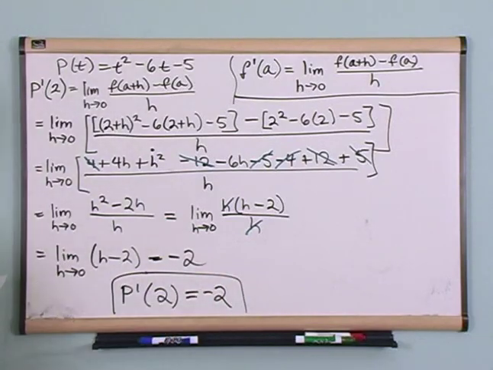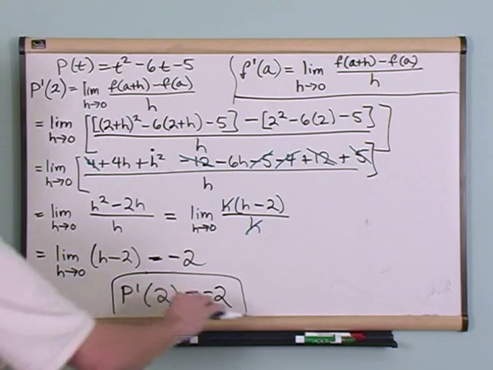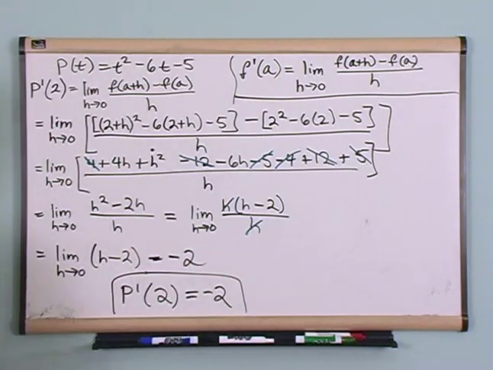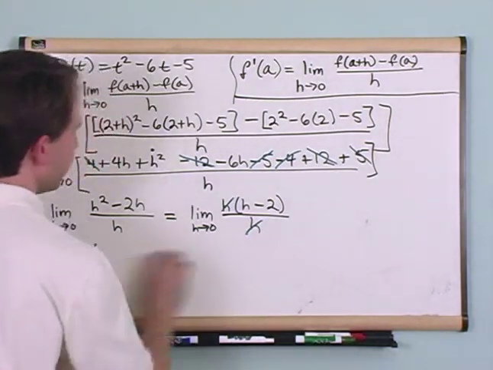This is the slope. That is the slope of that function p, the slope of that tangent line at p, and that's equal to negative 2, which is a constant slope. Okay? So that means the slope is not changing.